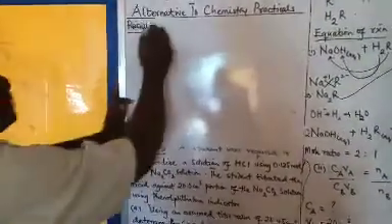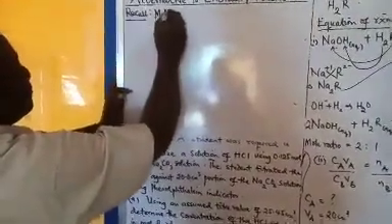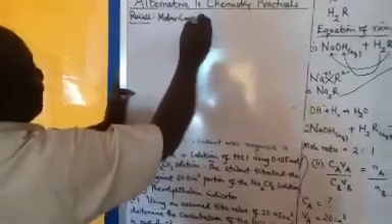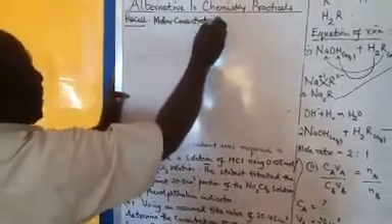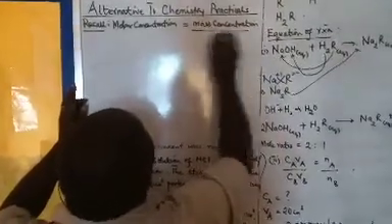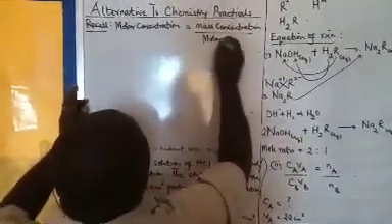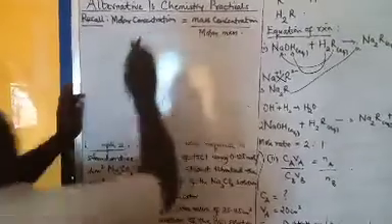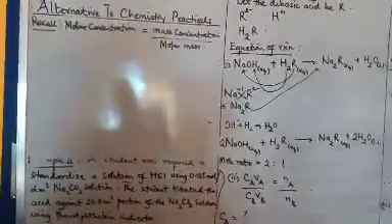So you have here that molar concentration, otherwise known as molarity, is equal to mass concentration over molar mass. The molar concentration is always given in mole per dm cube. The mass concentration is given in grams per dm cube, while the molar mass of the substance in question is what you are expected to find.